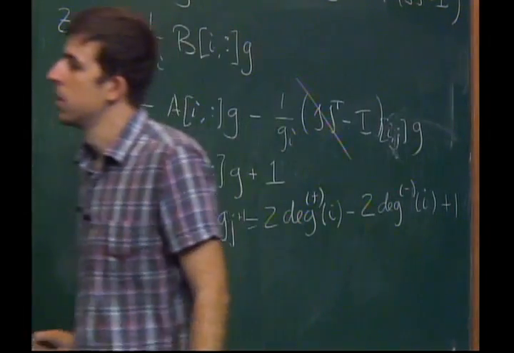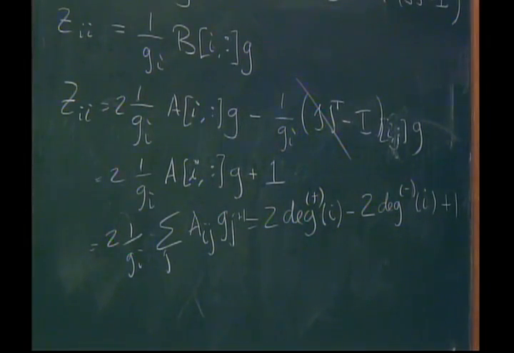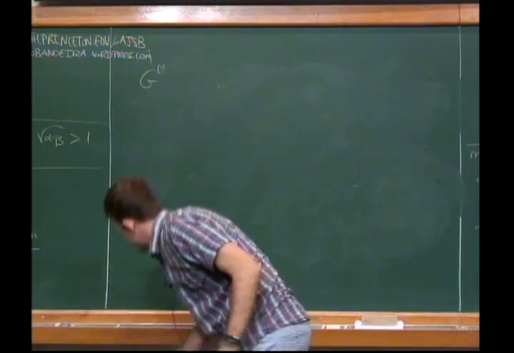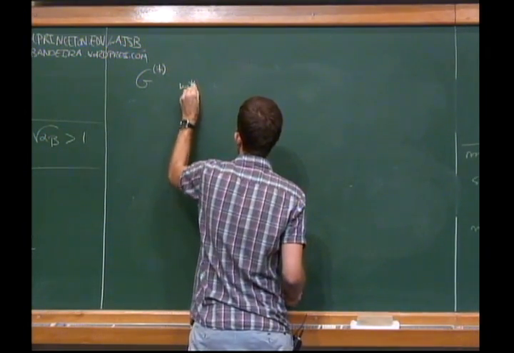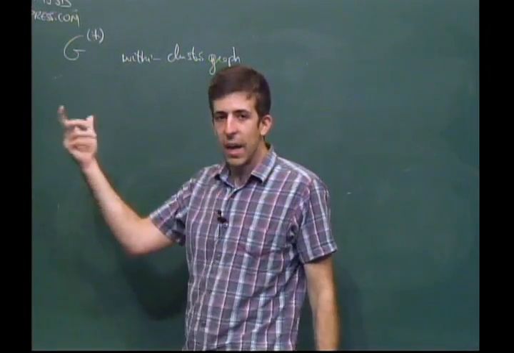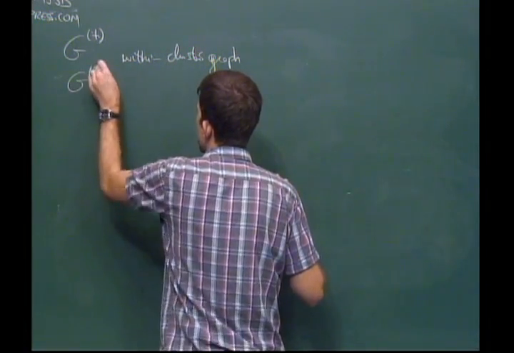Okay, let's go back. Okay, I can erase this. Let's make just a couple of definitions to clean up a little bit. It's clear what I mean by degree plus and degree minus. So let me define G plus as the within cluster graph. So this is the graph with only the edges within the clusters, and G minus the across clusters.